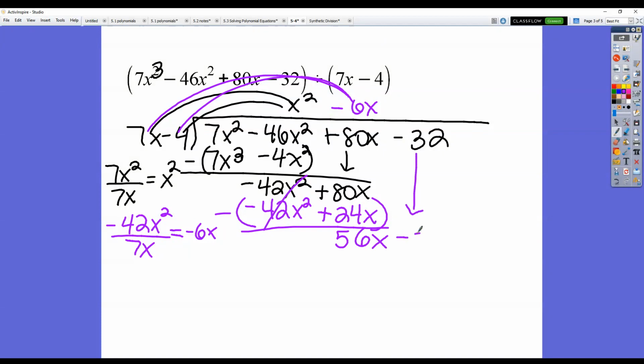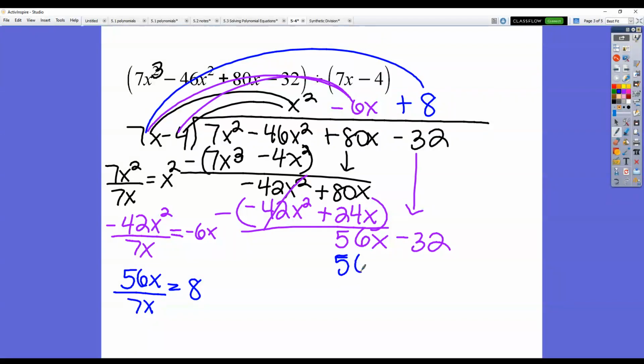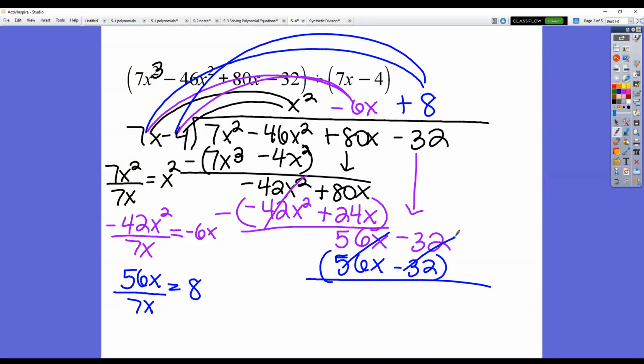Drop down the last term. We'll go for blue now. Then we take 56x divided by 7x, which would be 8. So 8 goes here. And then we multiply. Negative 4 times 8. Okay, everything cancels. There's no remainder, so the answer is just x squared minus 6x plus 8.